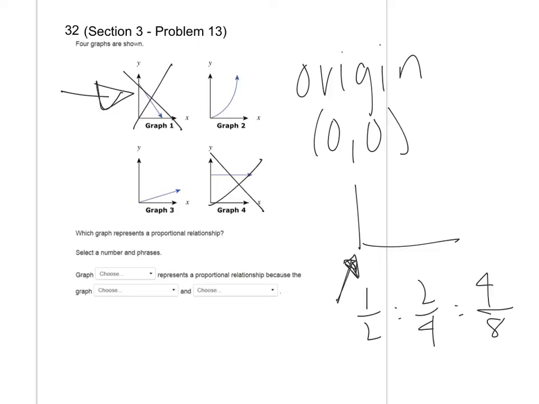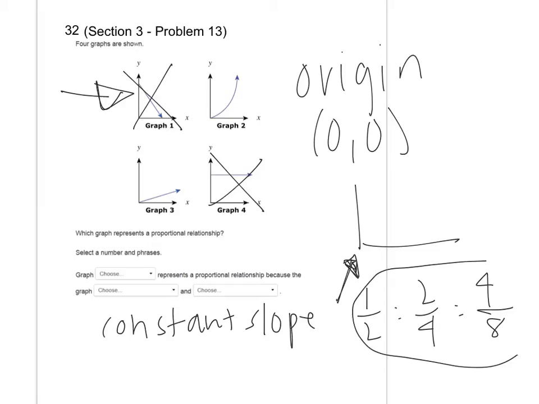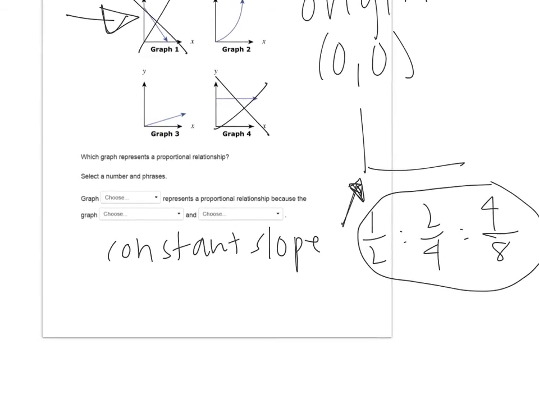And when it comes to a proportional relationship, you want your slope to be the same. So you want to have a constant slope, or the same slope. So when looking at a constant slope, that means you're going to have the same rise over run.